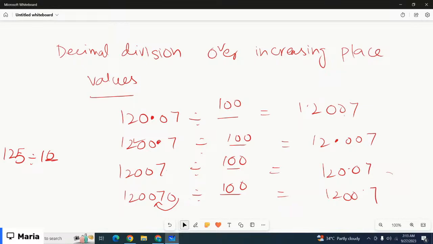Okay, so basically 125 divided by 10, 10 has only one zero. That means you have to move the decimal point one place left. Right now the decimal point is here. You have to move one place left, so it would be 12.5, right?